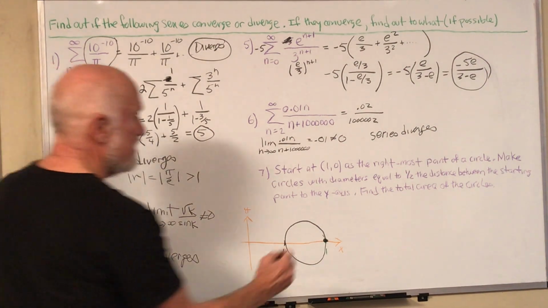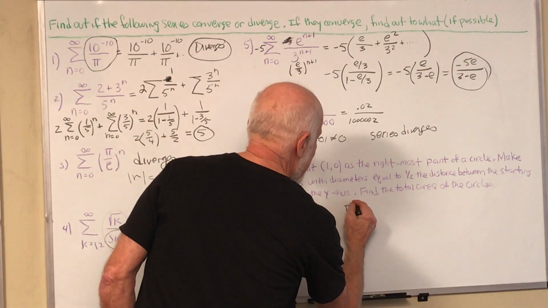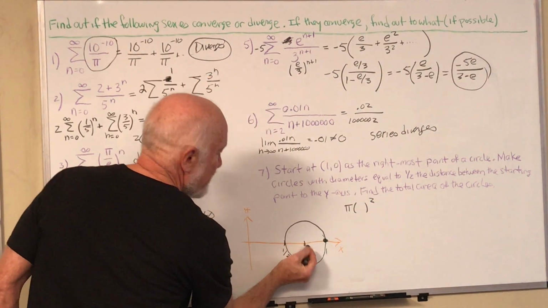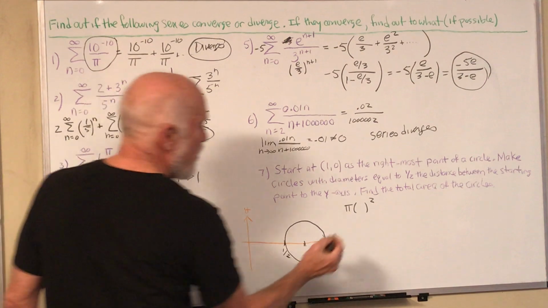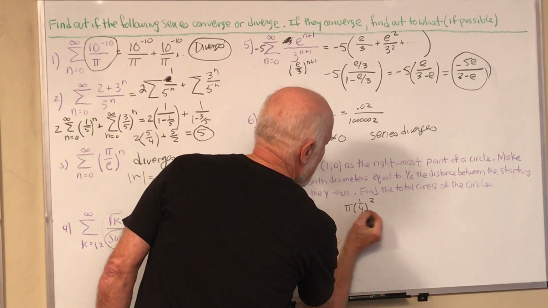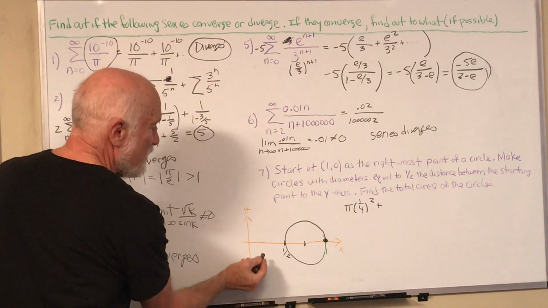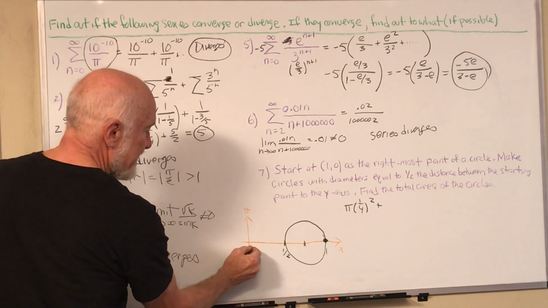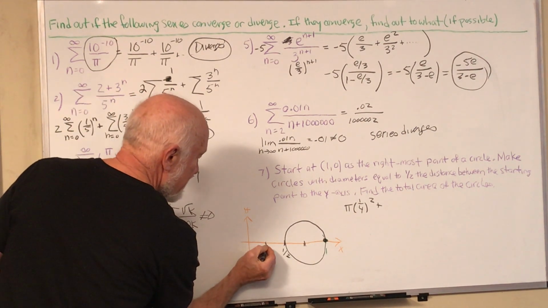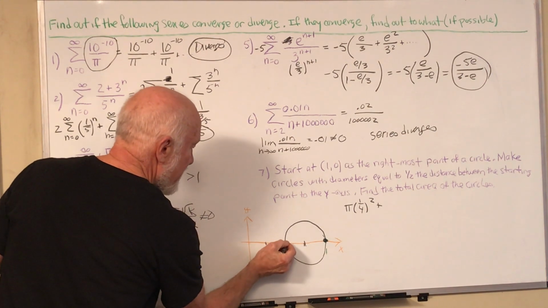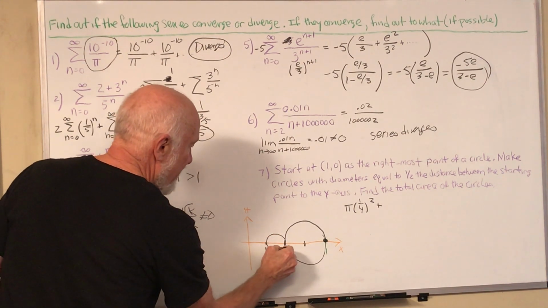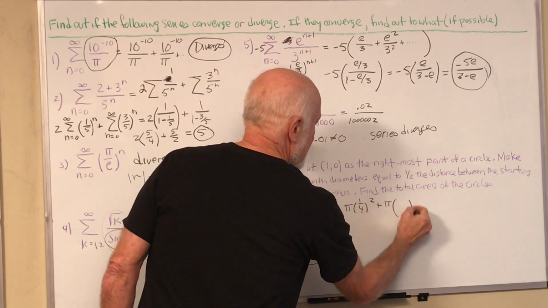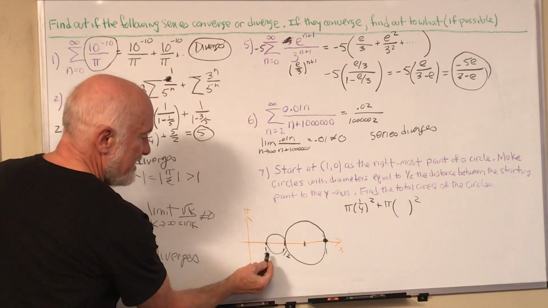So what's the area going to be? Pi times the radius squared. Well, the radius here is 1/4. And now we go 1/2 between this point, so right at 1/4, we're going to make another circle. And what's its radius?